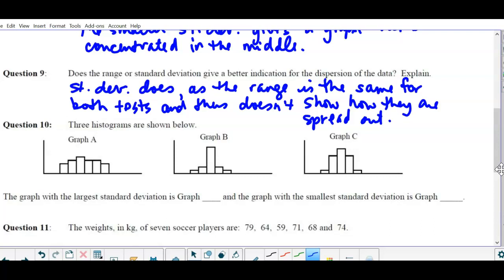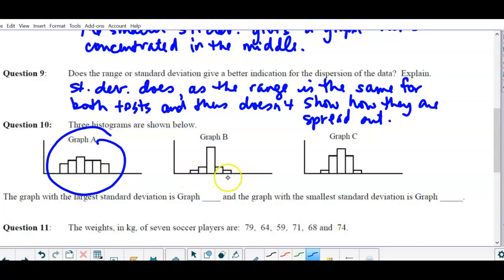If you're given histograms, like in question 10 here, then we can look at them and decide how their standard deviations compare. We wouldn't know the values, but we could compare them. So 3 histograms are shown, and they all look a little bit different. It says the graph with the largest standard deviation is what? Remember, the bigger the standard deviation, the more spread out the values are. So which one has values that are more spread out? A. They're all kind of the same, right?